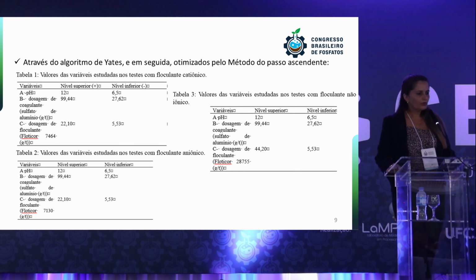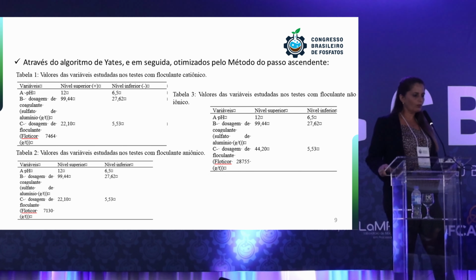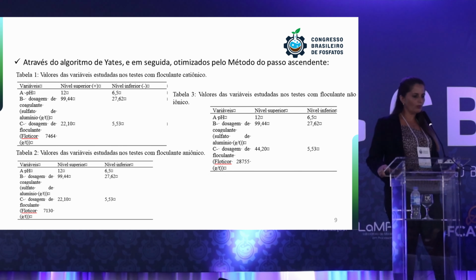For the Yates algorithm, we worked with a pulp, a cationic flocculant, an anionic flocculant, and a coagulant. I carried out the coagulation and the flocculation, and I worked with the Yates algorithm. For the cationic flocculant, I worked with a pH between 12 and 6.